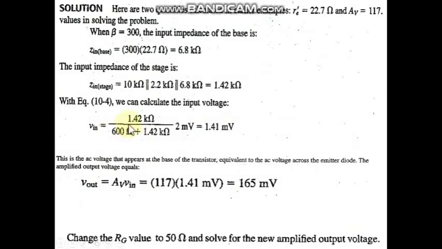Definitely what you will get is 1.42 upon 50 plus 1.42, so you will get a higher value of input, so your V out will definitely increase. So that we can see.